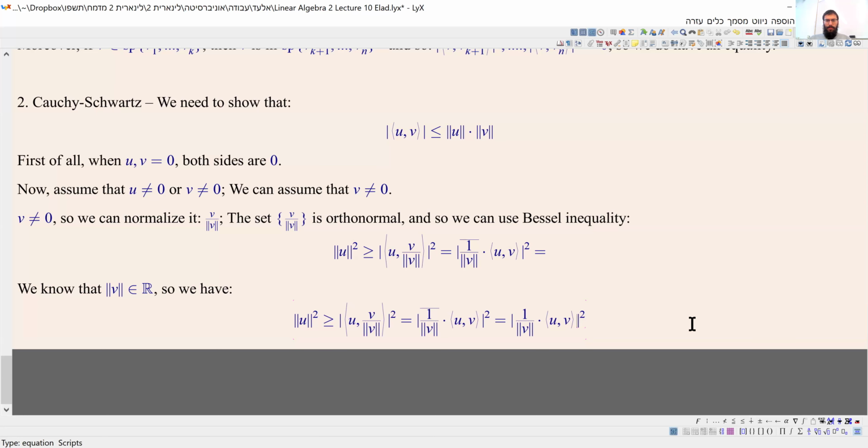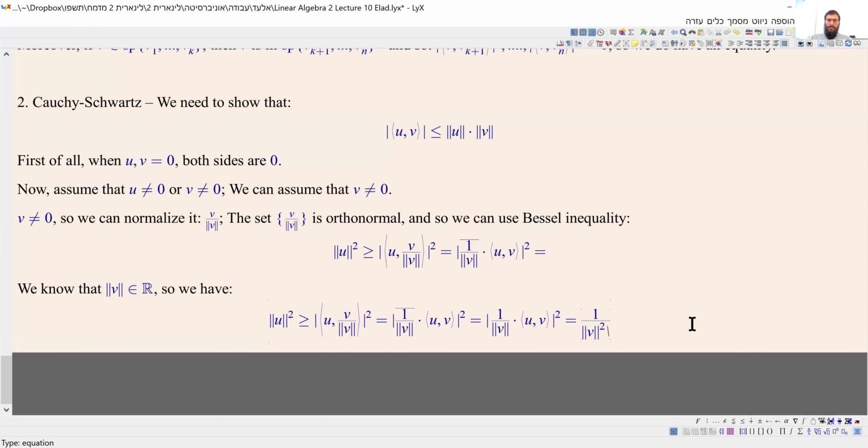And we are squaring a multiplication, so it is actually squaring each one of the factors here.